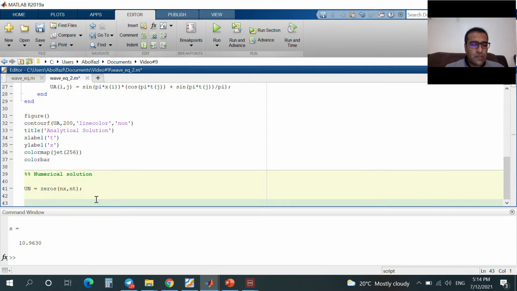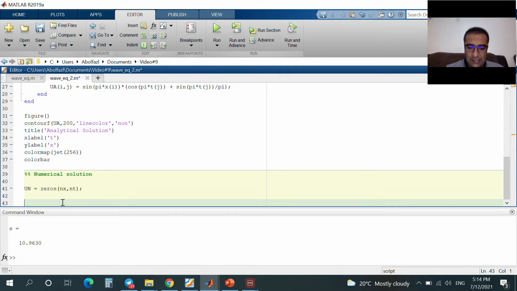Okay, then what we need is a boundary and initial condition. Look here, because we defined a zero matrix for all the domain, by default our boundary condition is satisfied, because we say that at the left and right boundary the value of the function is 0. So this definition of UN by a zero matrix satisfies the boundary condition.